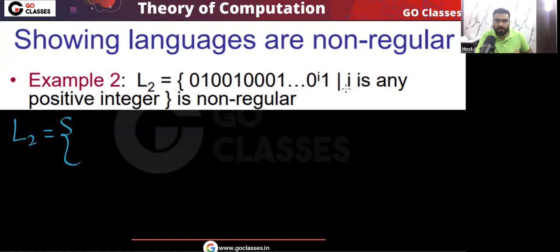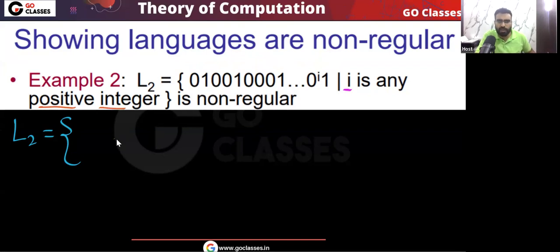Now you notice here, this type of strings we have, where we have 01, then 001, then 0001, then 0 power 4 1, and so on. So you tell me, if I put i equal to 1, because i is a positive integer, which string will I get?